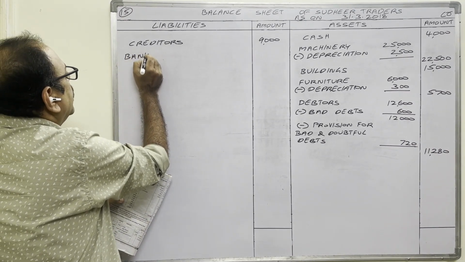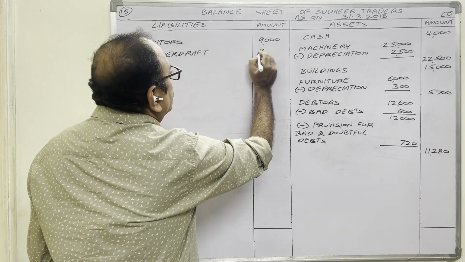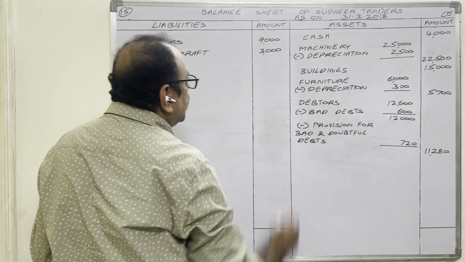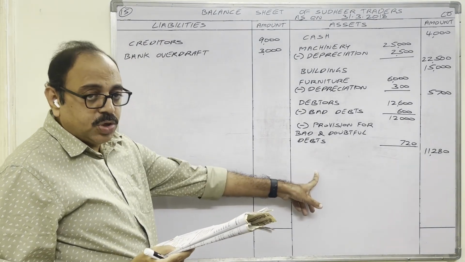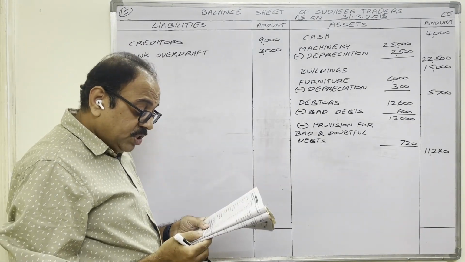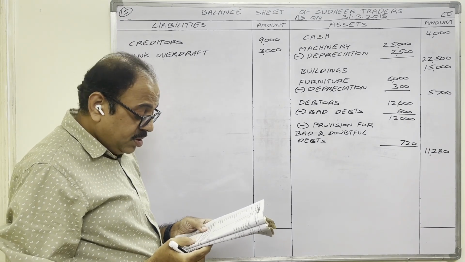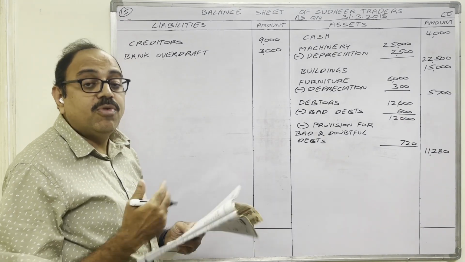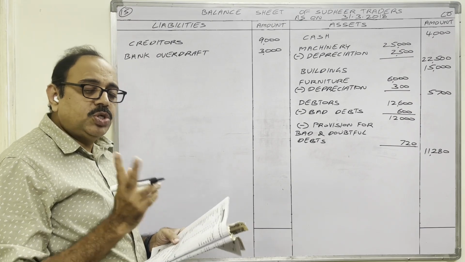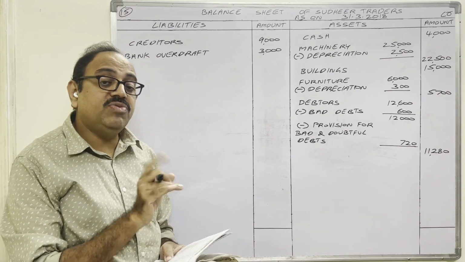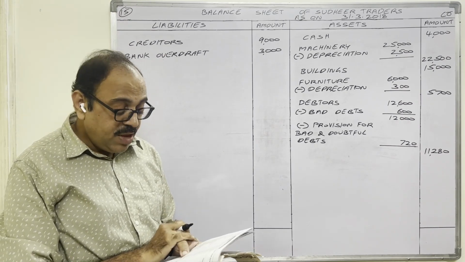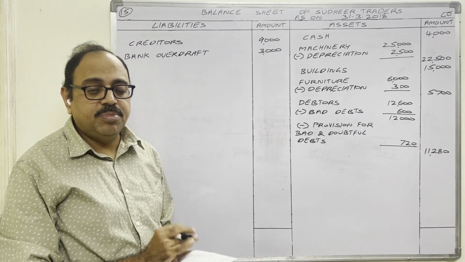From the bank we have taken a loan 3,000 rupees. Trial balance amounts completed. Come to adjustments. Closing stock at the end will show on the asset side. Depreciation on furniture and machinery completed. Outstanding wages we have to pay. Adjustment amounts we should write 2 times now. One time in the trading account to wages we have added this. Second time in the balance sheet liability side because we have to pay.